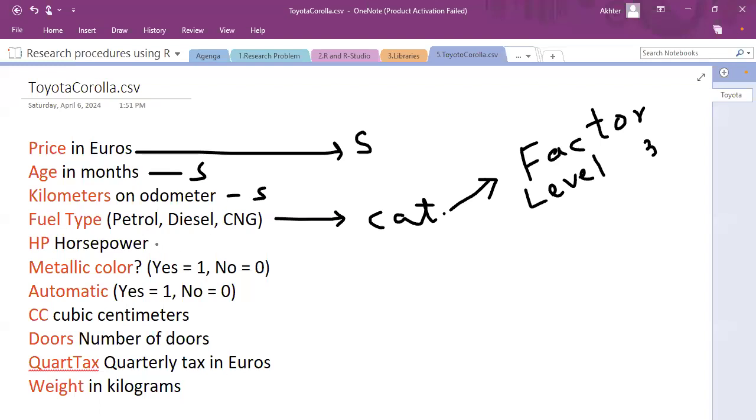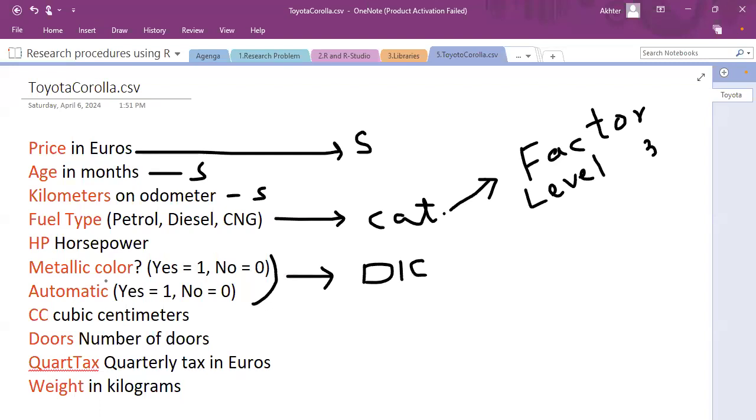Horsepower is a numeric variable. Metallic color is different. These types of variables are called dichotomous variables. Dichotomous variables are those which have only two values. Metallic color: yes, one, indicates that the car is of metallic color, and no, zero, means it is not.